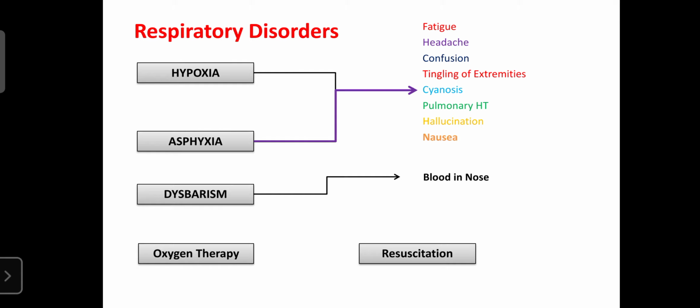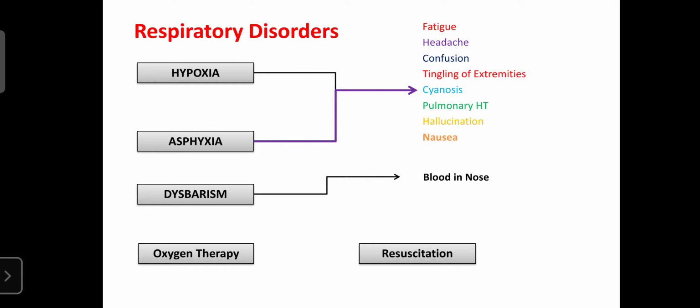Look at your palm now, it looks red. When you have hypoxia, our hand becomes bluish. That condition is known as cyanosis. The person may also suffer from pulmonary hypertension, hallucinations, and nausea. These are the signs and symptoms of hypoxia.